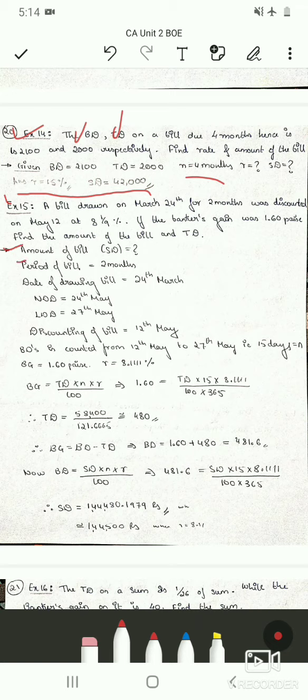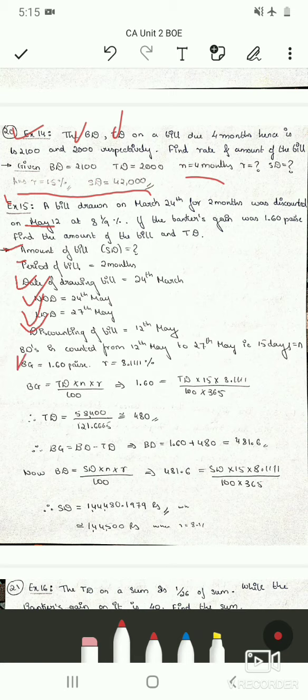Period of the bill is 2 months and the date of the bill drawn is 24th March. So the nominal due date will be 2 months later, so it is 24th May. Legal due date will be an additional 3 days to the nominal due date, so it is 27th May. And they have given the discounting of the bill, so it is discounted on 12th May.